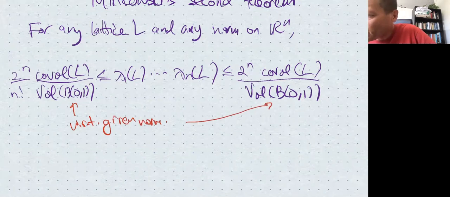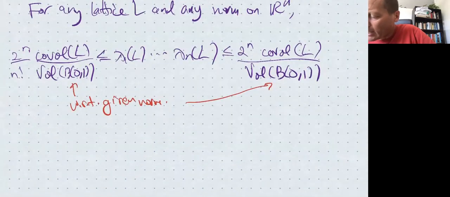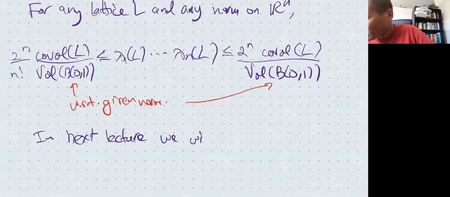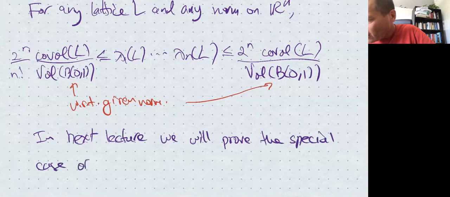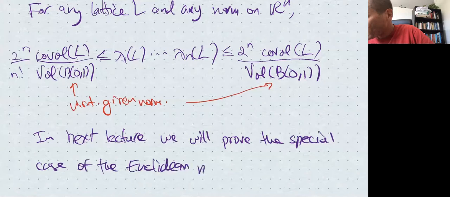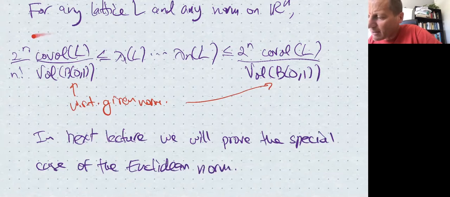We're not going to prove it in this course. It's not terribly difficult, but it requires some care. In the next lecture, we will prove the special case of the Euclidean norm, the L2 norm. Once you have this special case, you get this statement up to constant.